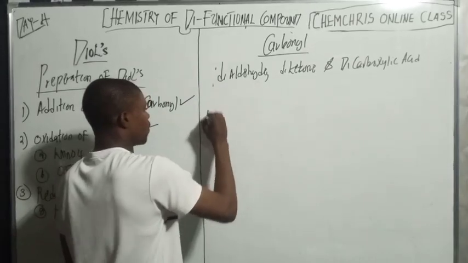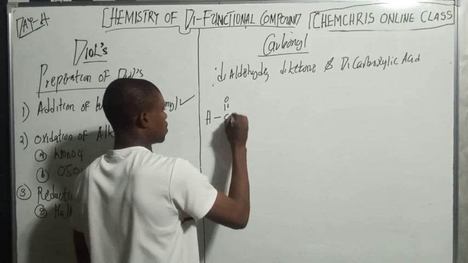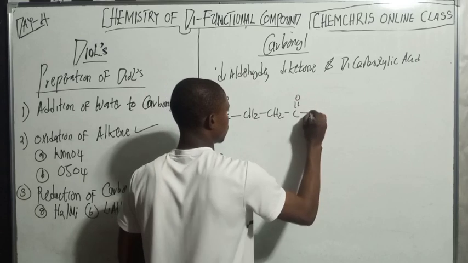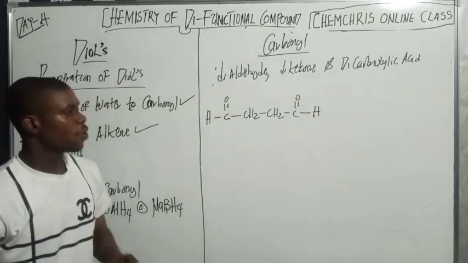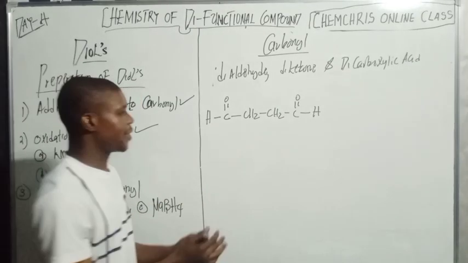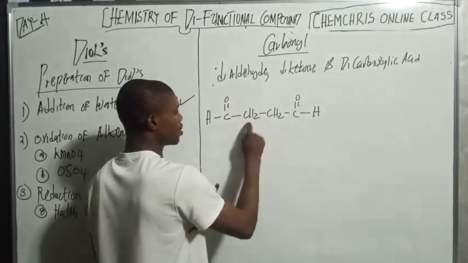So for example, you have this. What is the name of this compound here? The name is going to be butane, 1, 2, 3, 4.